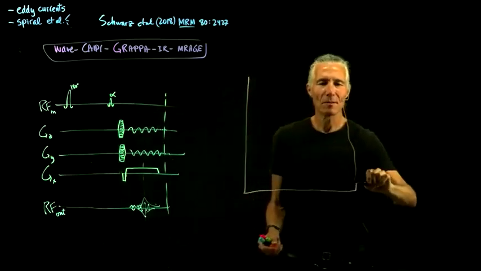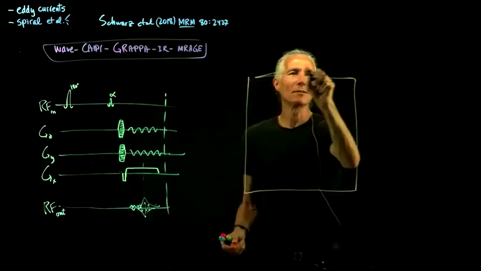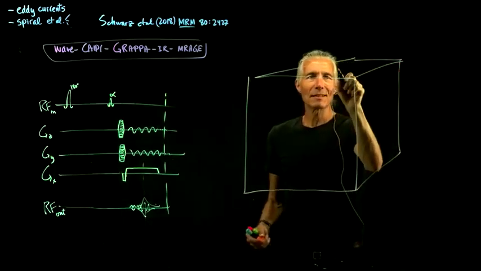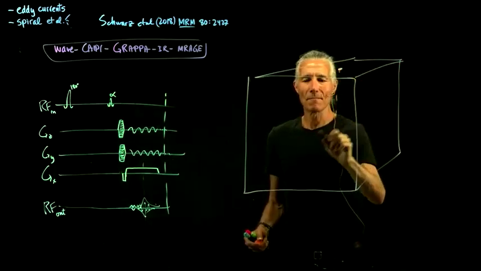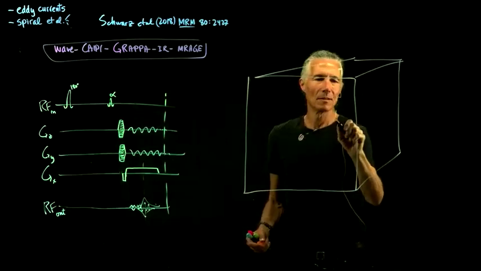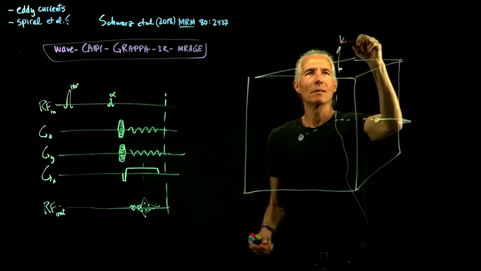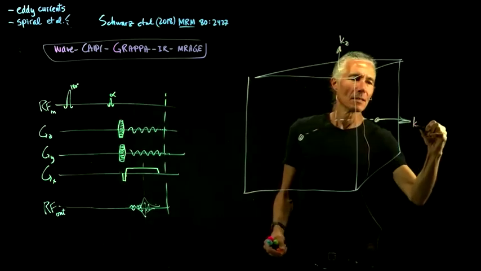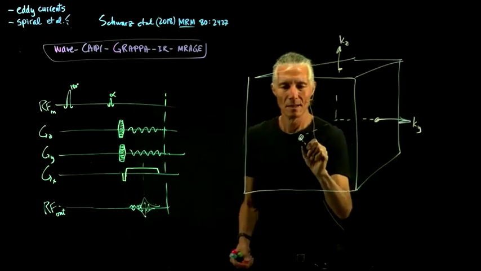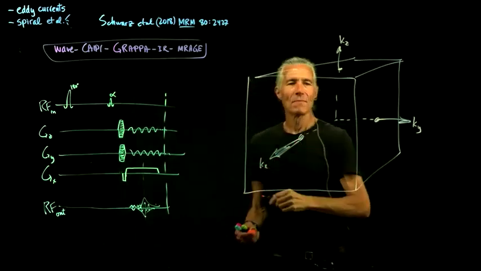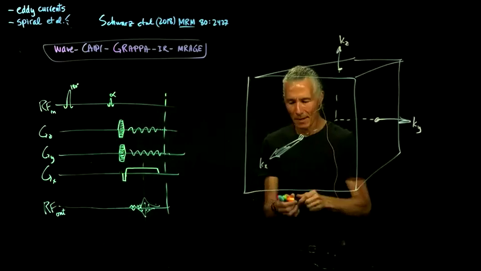So what this does is, I've never drawn this before, so this may or may not be interpretable, but I'll try to keep it reasonable. So here's the KZ and KY and KX.